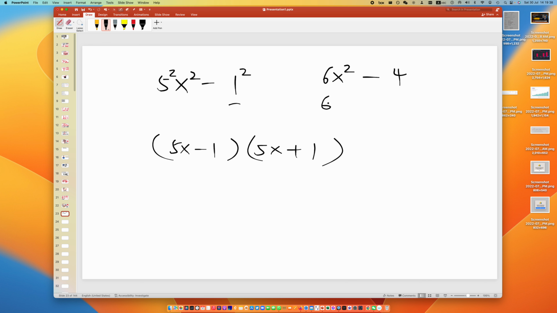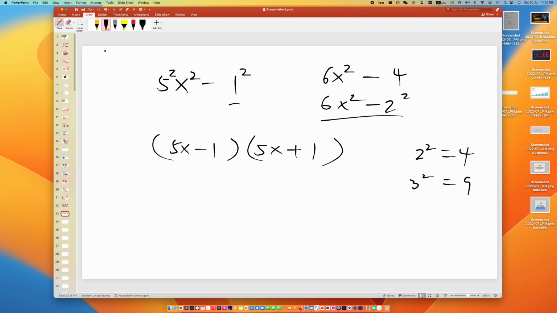So that means you can only get it into this format, right? The 6 cannot get into any square, right? Why? Because 2 square is 4, 3 square is 9, and 6 is in between, so there is nothing. So therefore, what do you get? Cannot. Because what I said, it must be minus in between, and everything must be square. The 6, can it be square? No, so cannot. So not every time can, okay?